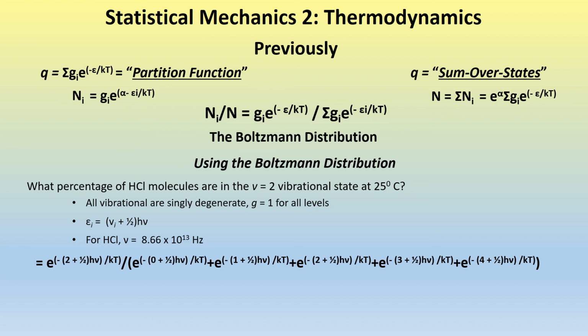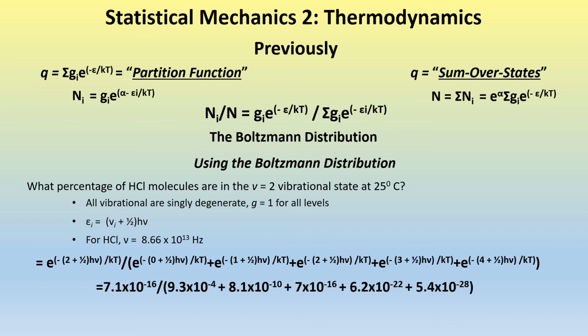So when one does all of the additions, one finds the population of the v equals 2 state, 7.1 times 10 to the minus 16th, divided by the sum of all the other states, simply winds up being equal to the sum of v equals 0, 9 times 10 to the minus 4th. A very small number is then obtained, 7.6 times 10 to the minus 13th.